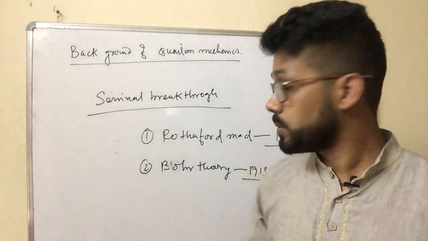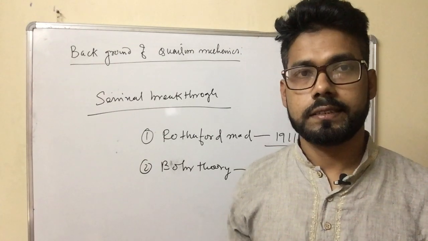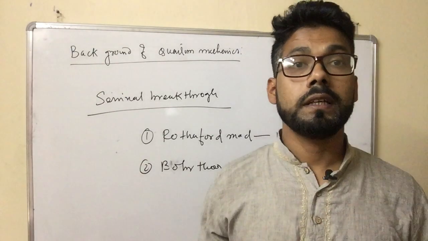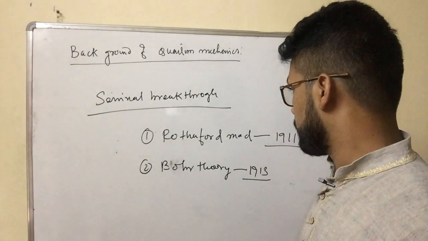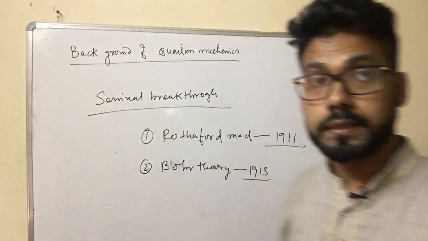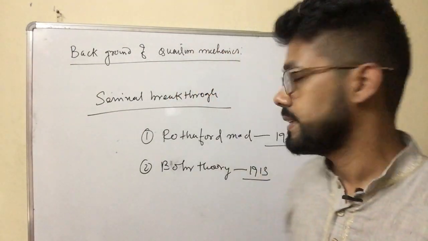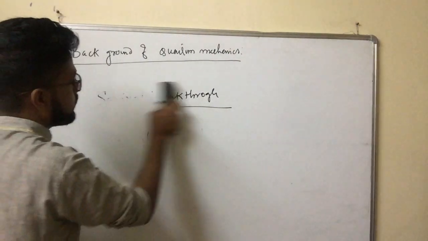Mostly, Bohr's theory is a mixture of both classical and quantum mechanics. Later we will discuss it. Further, Bohr's theory cannot give the selection rule of intensity. Okay. And after that, in 1930, the third breakthrough comes.